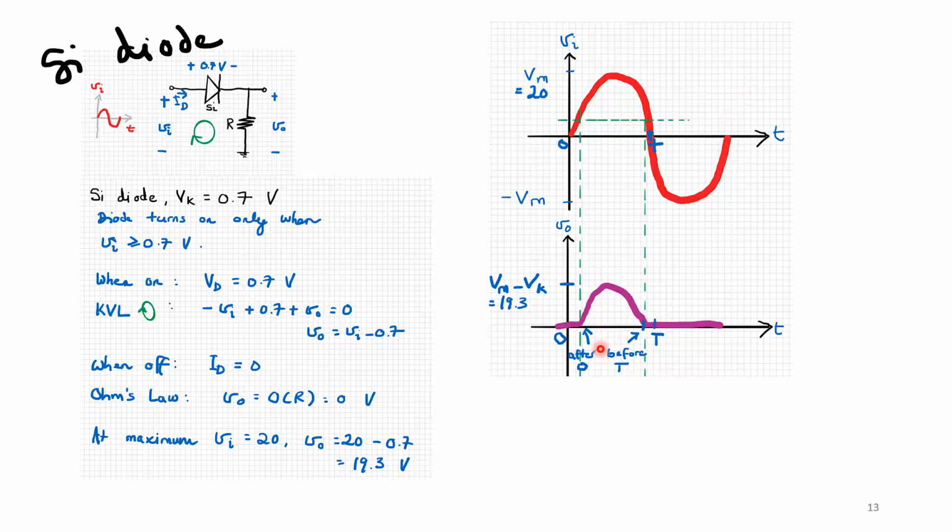So if you can imagine how this plot would look, if I were to repeat this signal, the input would be sinusoidal and repeats itself, right? But the output will look something like this.